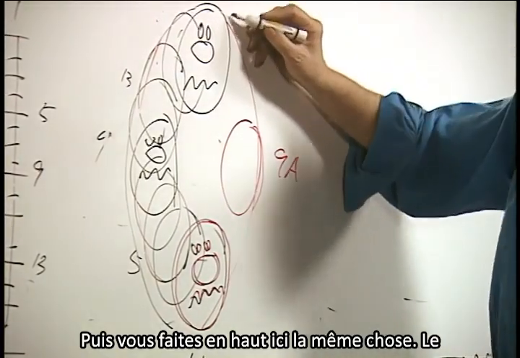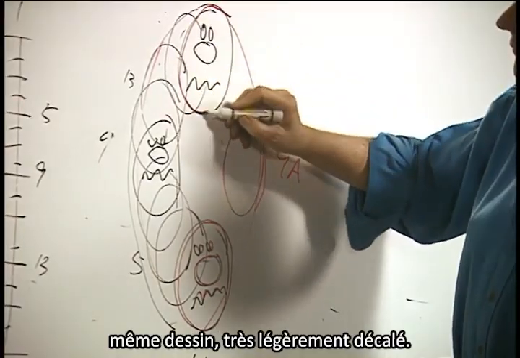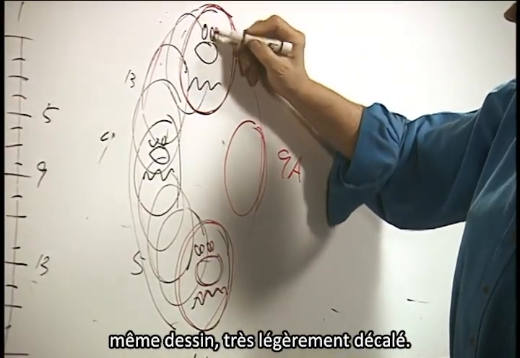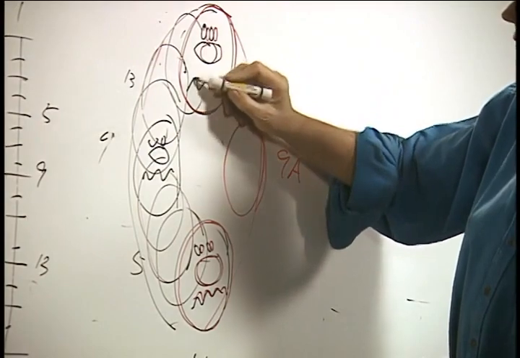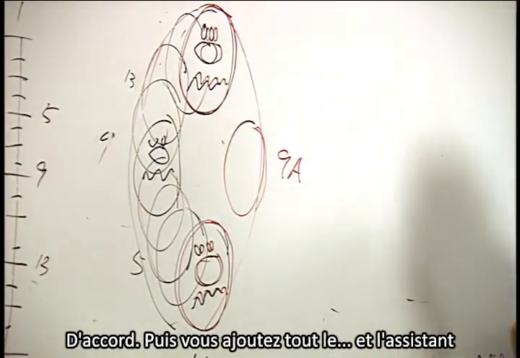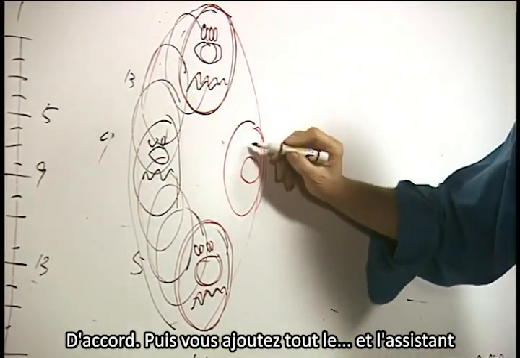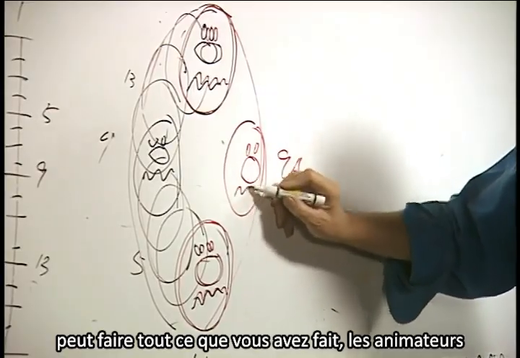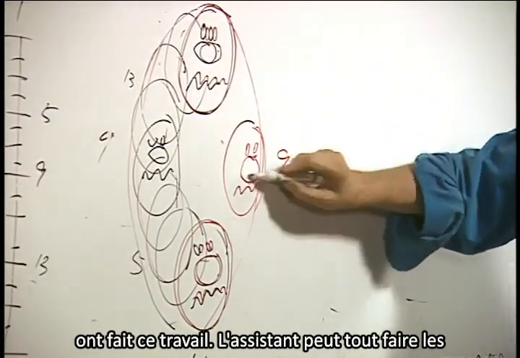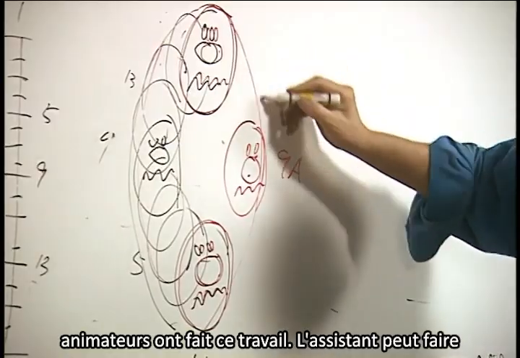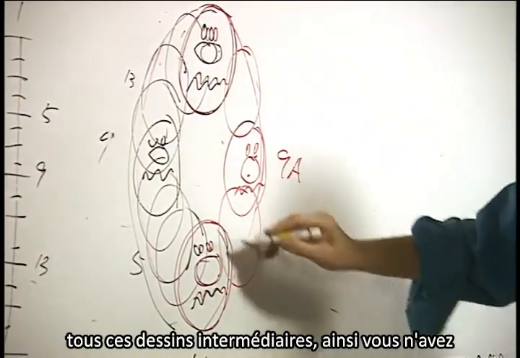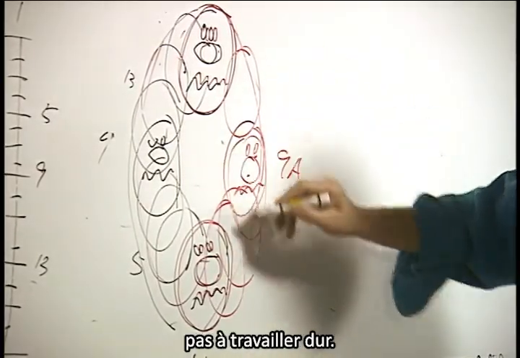And then you do up at the top here the same thing, the same drawing, very slightly offset. Okay? And then the animator's done this work, and the assistant can do all these in-between drawings, so you don't have to work very hard.